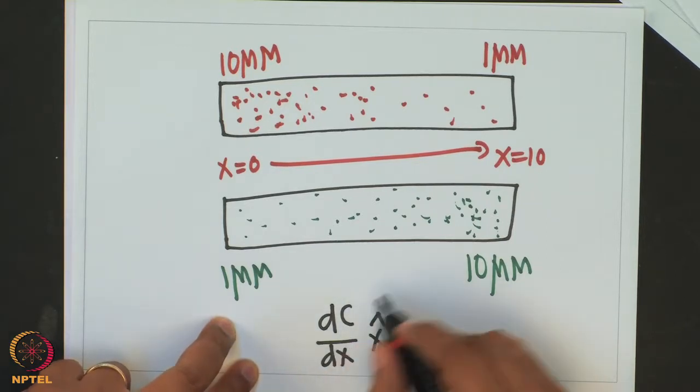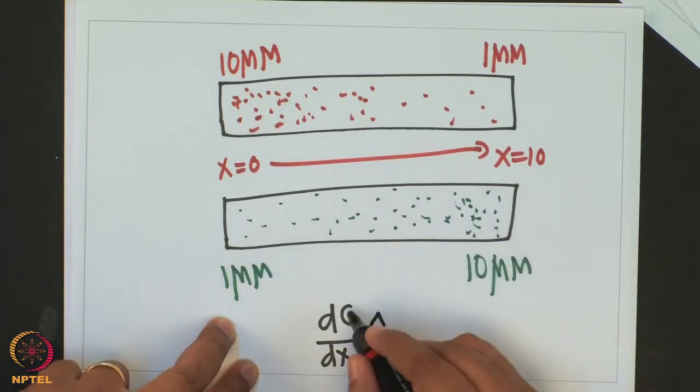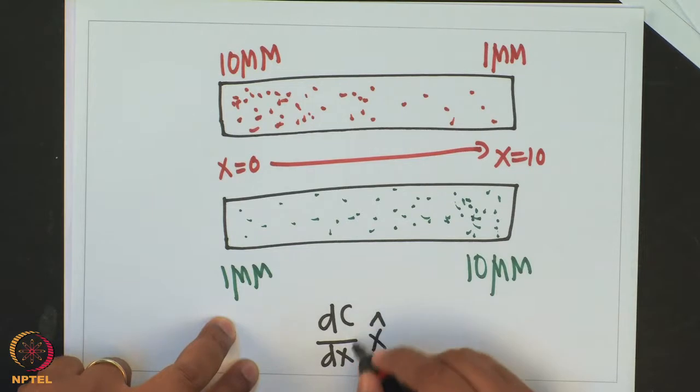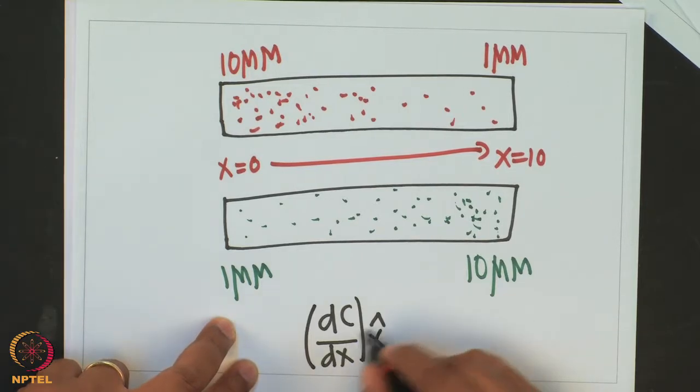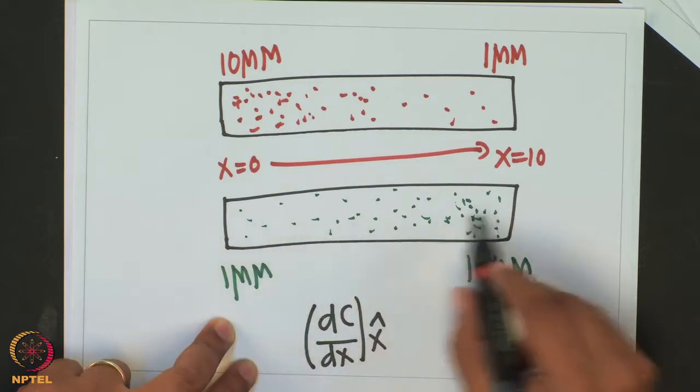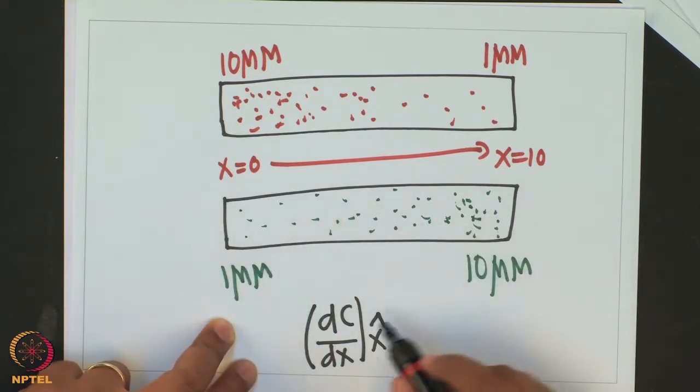This would mean that the concentration is changing along the x direction, and the sign of dc by dx would tell us whether this is positive or negative. So this symbol, x cap, would tell us that the change is happening along the x axis.